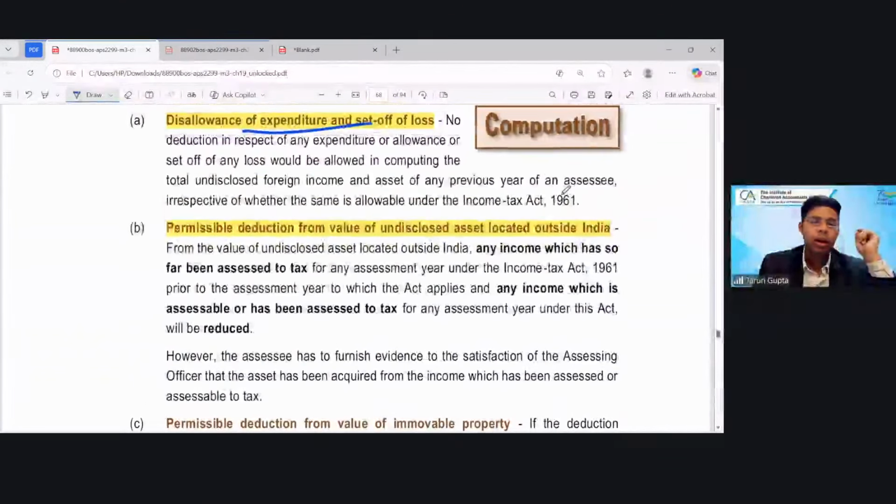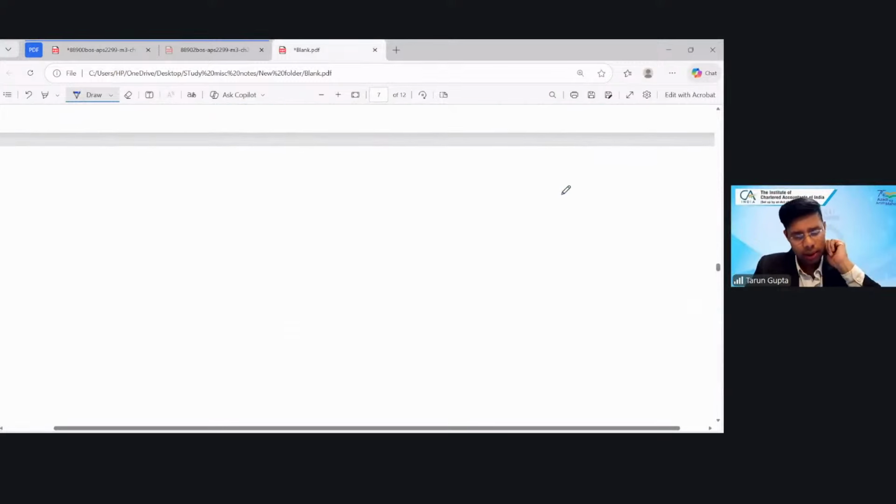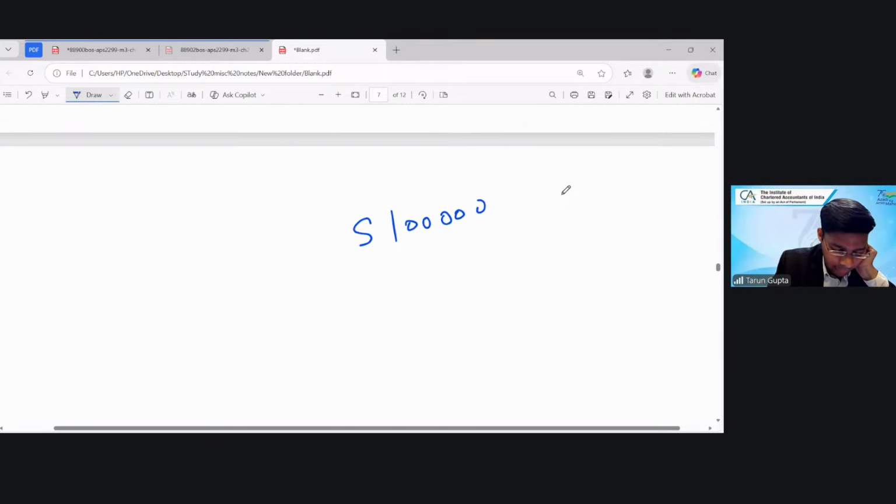So this is good. It says, assuming there is some undisclosed asset, it's not fully undisclosed. It's only partly undisclosed. So assuming you found a bank account, or you found a jewelry outside India, which was purchased for $100,000.